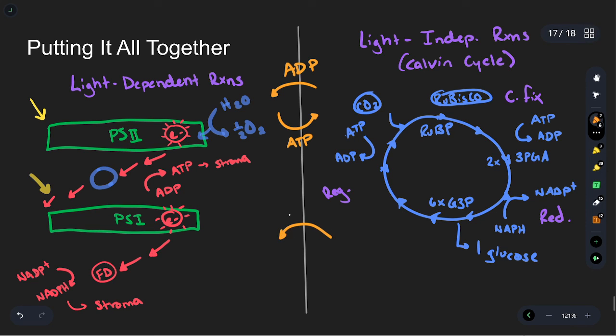We got NADP+, which our enzyme NADP+ reductase needs to get our reducing power for light-dependent reactions. We also got NADPH from light-dependent reactions, which the Calvin cycle uses. So you can see that the products of these two parts of photosynthesis interchange, and they are a part of each other. They need each other in order to happen.